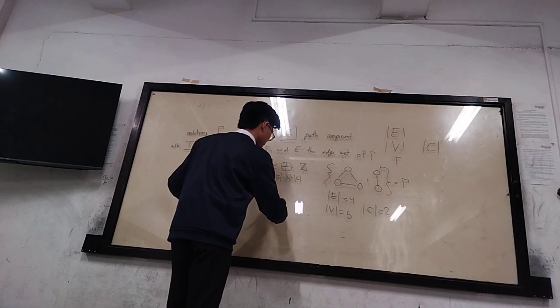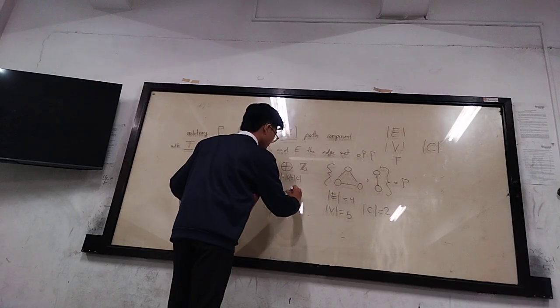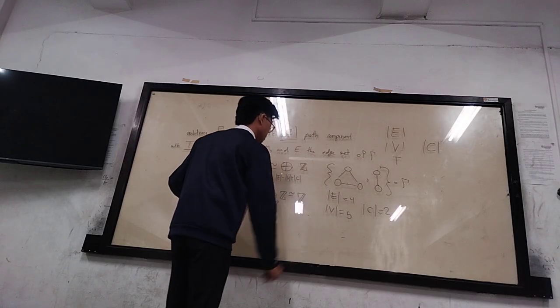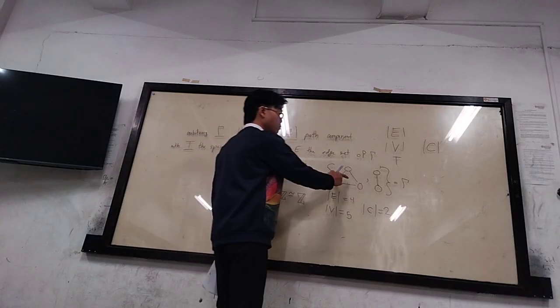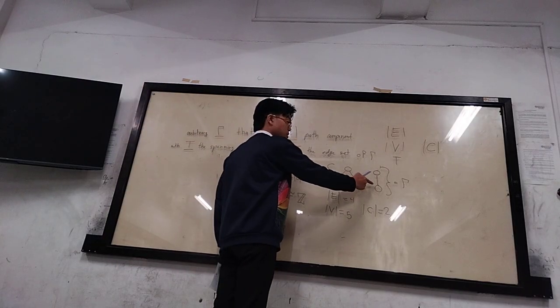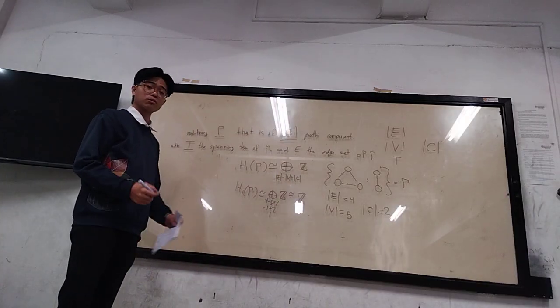So that's negative 1 plus 2, which is 1. So over 1 copy of Z, so simply just Z. And that's true because I only have 1 hole over here. There are no other holes in this relationship. So this holds.